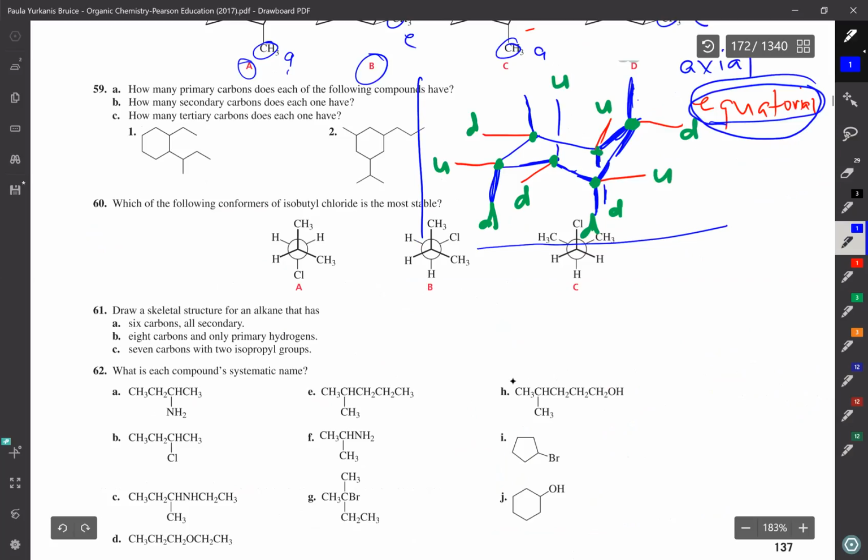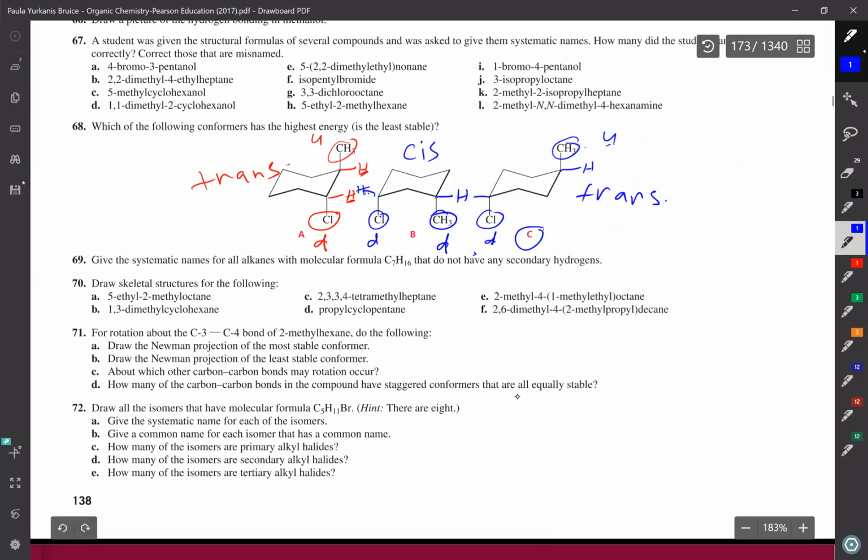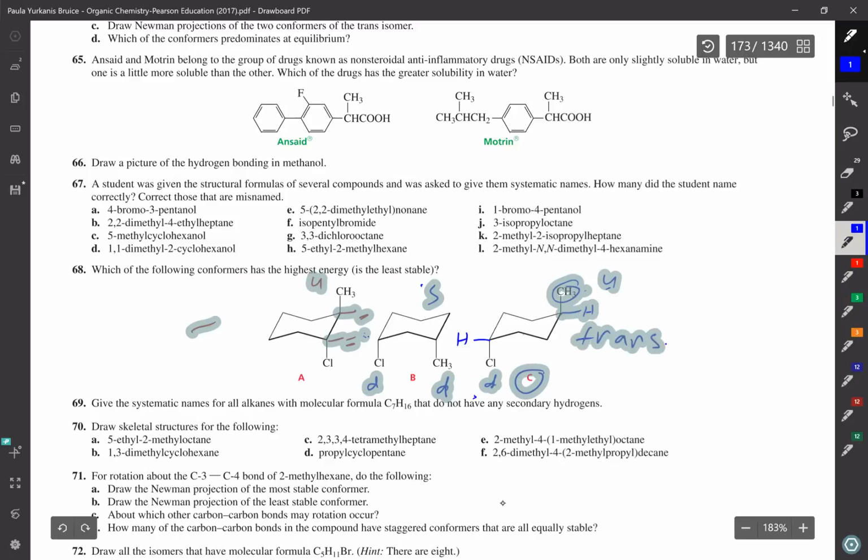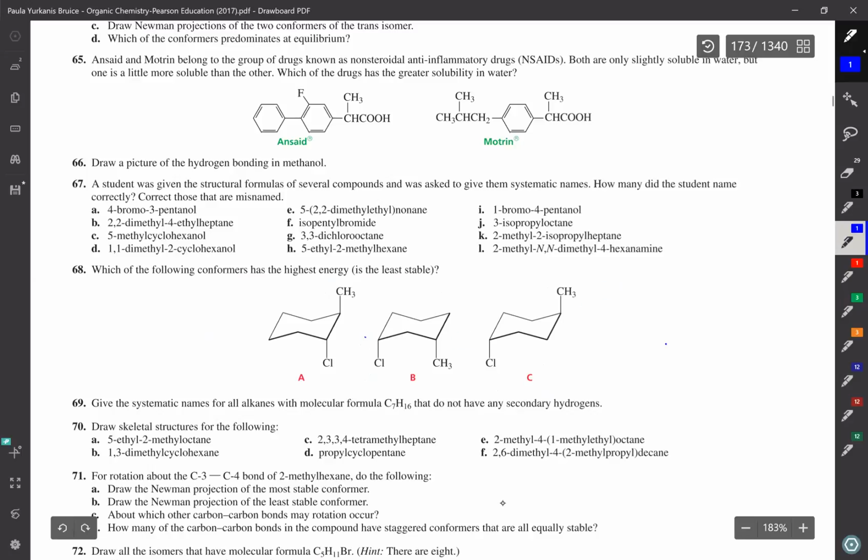If that is clear, let's go back to this one, 68. I want you guys to rank these in terms of their stability. We have A, B, C. Which one is which? Now, in A, this is axial, this is axial.